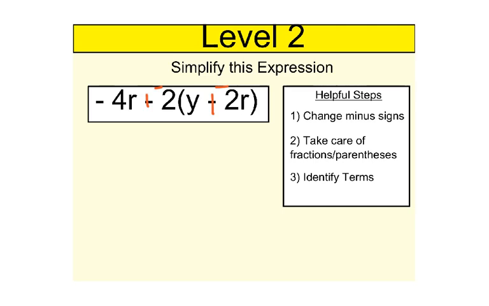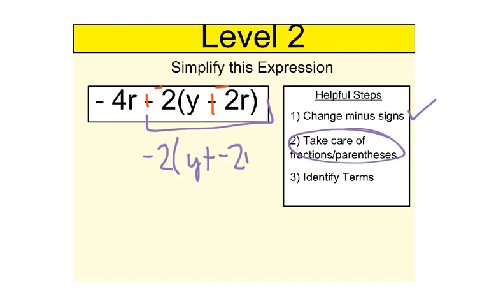Okay, now these kind of problems are a little bit weird because the parentheses are over here. I changed my minus signs. Now it says to take care of fractions and parentheses. So I need to go and do this part of the problem. What I like to do, and maybe it would be better if I rewrote it, sometimes I just cross it off, but I'm going to rewrite this down here as negative 2 times y plus a negative 2r.